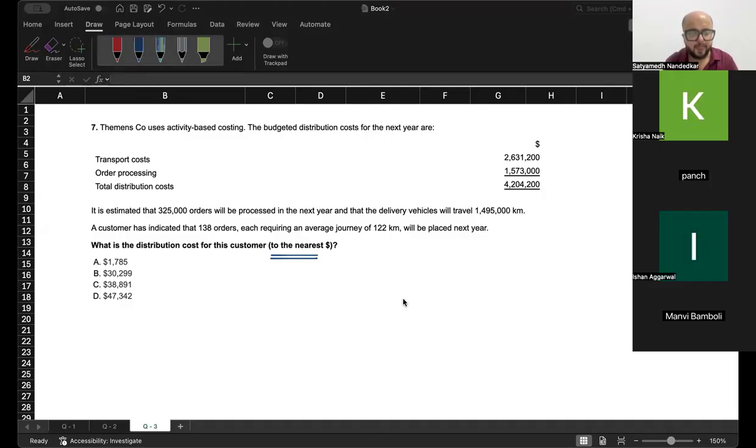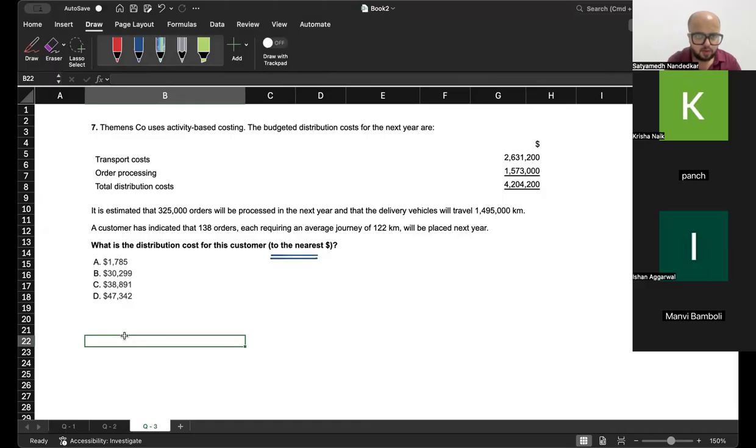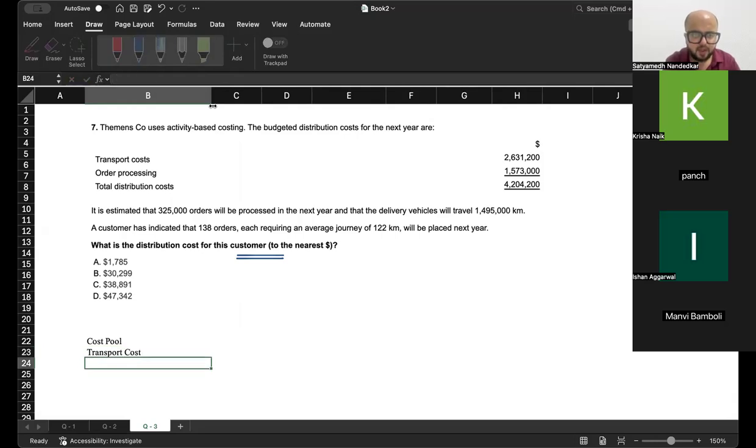Okay, chalo. How do we go about it? Identify the cost pool, identify the cost driver. So, what is my cost pool? My cost pool is transport cost, and I have order processing cost. Now, what is my cost driver?